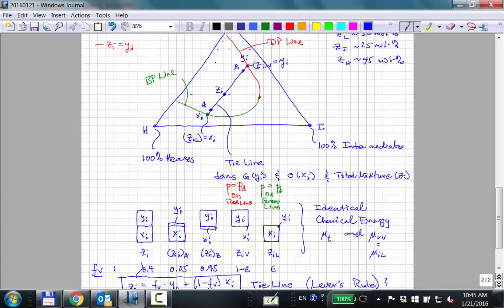And everywhere inside here, we have two phases. Everywhere inside that envelope. And everywhere outside, we have single phase. Everywhere outside that envelope.